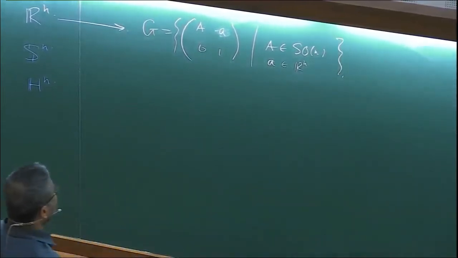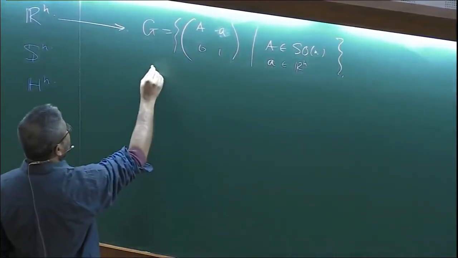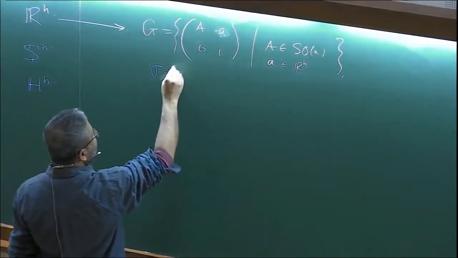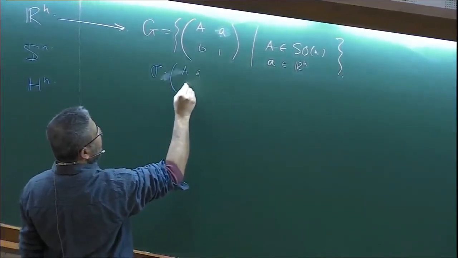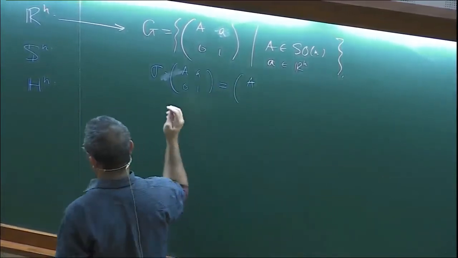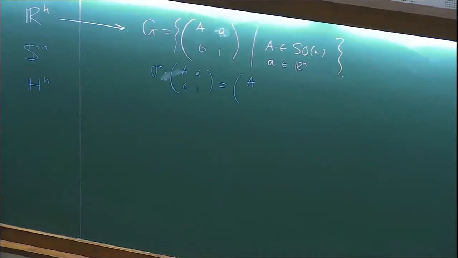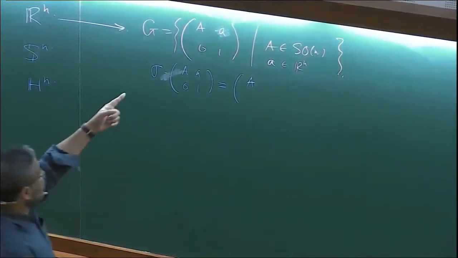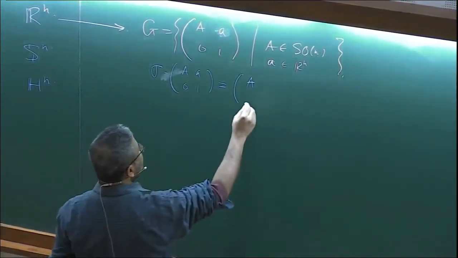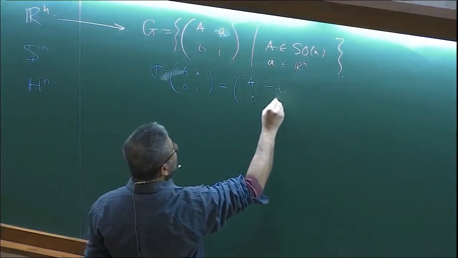And this is a group, and in this case my sigma is going to be conjugation by (A, 0; 0, 1), just following the process by which I constructed the Riemannian symmetric pair from a symmetric space. You can identify that symmetric pair with the following one.